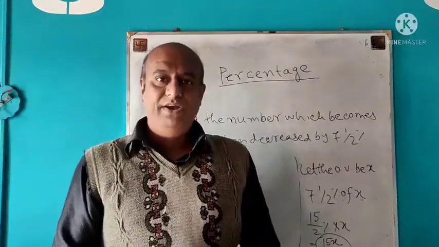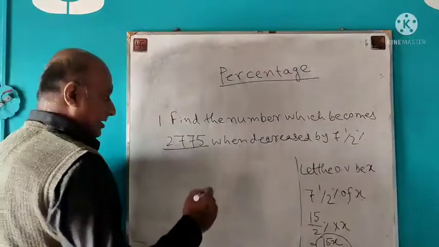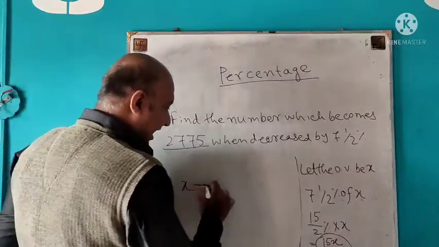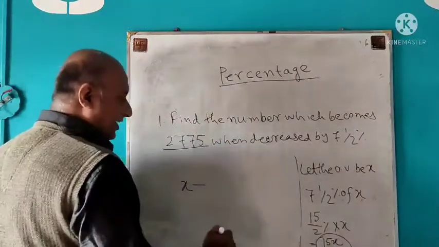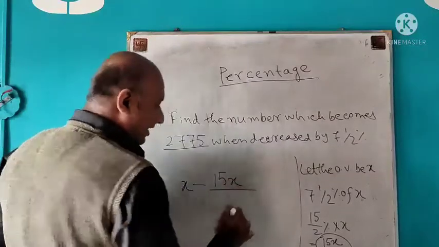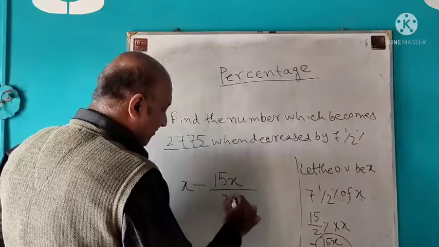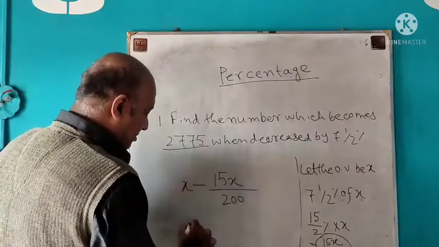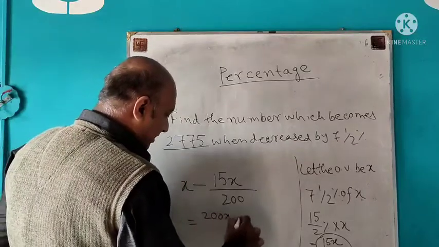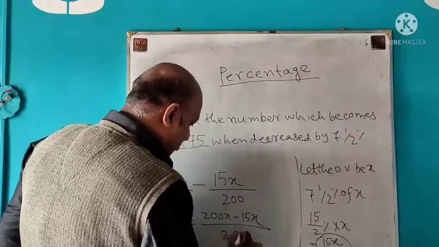Now we have to find out what value it forms after decrement. That means my value that we have taken as x is decreased by 15x by 200. So for finding out the decreased value, we have to subtract this 15x by 200 from x. So let's do that. It becomes (200x minus 15x) by 200.